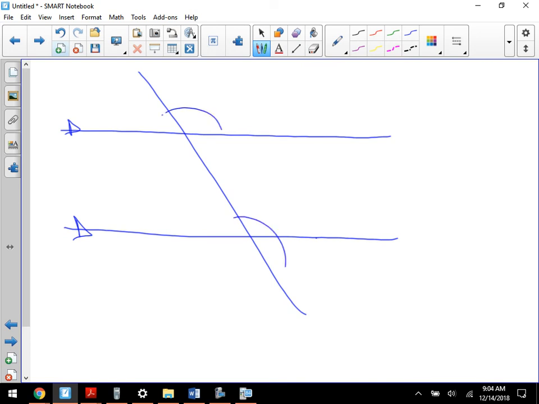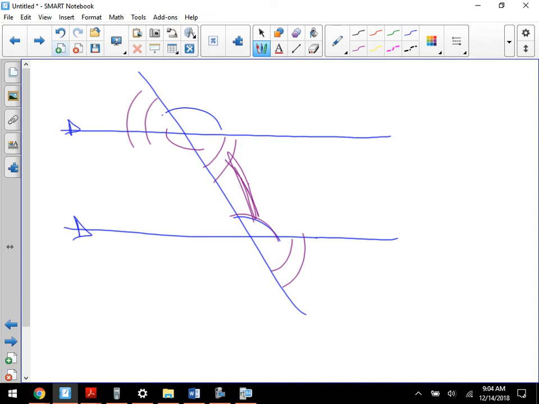Alternate interior were on the inside, opposite sides. The exterior stuff was the same basic idea, but on the outside. And then the consecutive interior were same side inside, like these two.